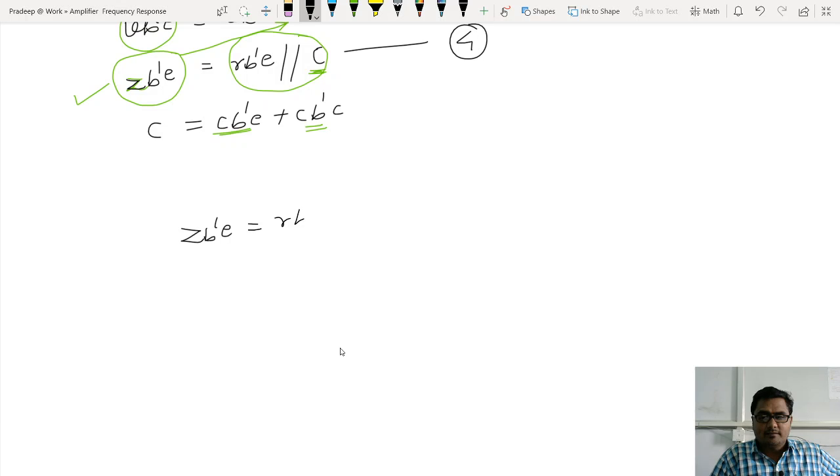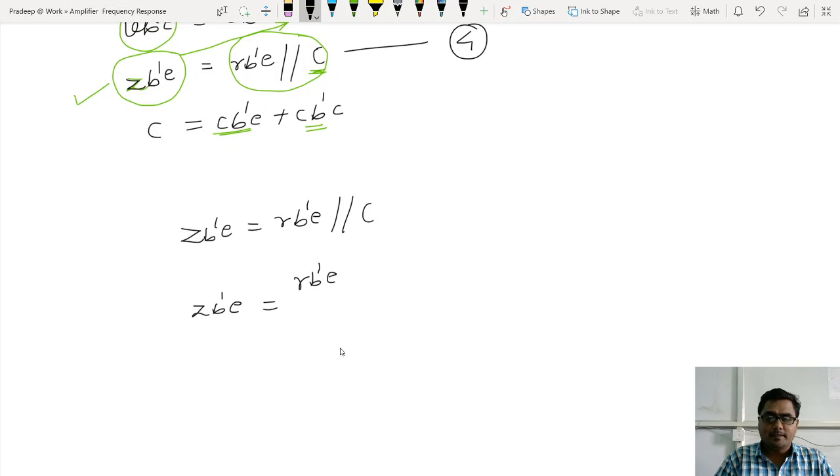RB'E in parallel with the capacitor C, is it? So ZB'E will be, now, let us write again RB'E multiplied by 1 divided by j omega C, is it not?